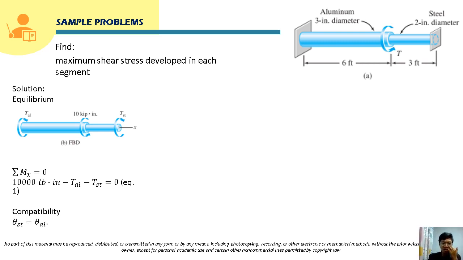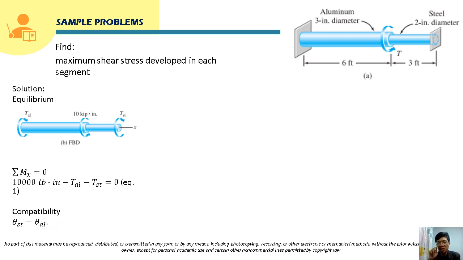That means the angle of twist in the steel segment will just be equal to the angle of twist in the aluminum segment. If we transpose this, this will just be theta_ST minus theta_AL is equal to 0. That is just an equivalent equation.